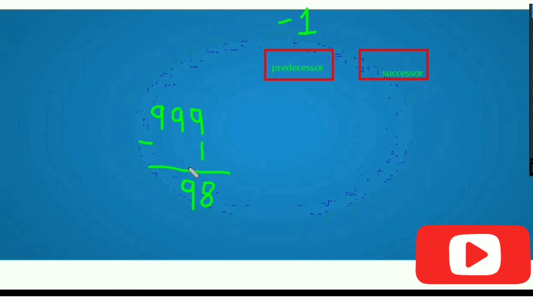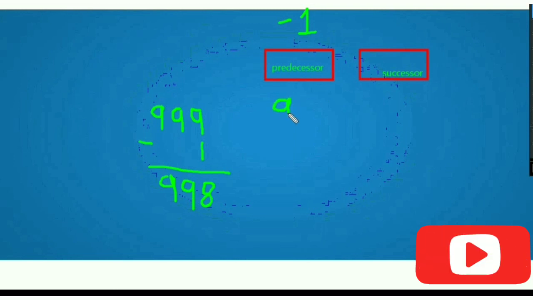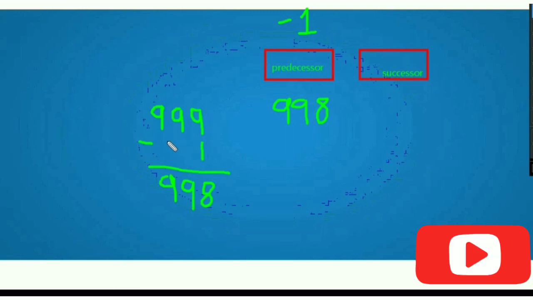And this 9 is as it is. Okay. That means the predecessor of 999 is 998. Okay. We will write here then. The predecessor is 998. Done.